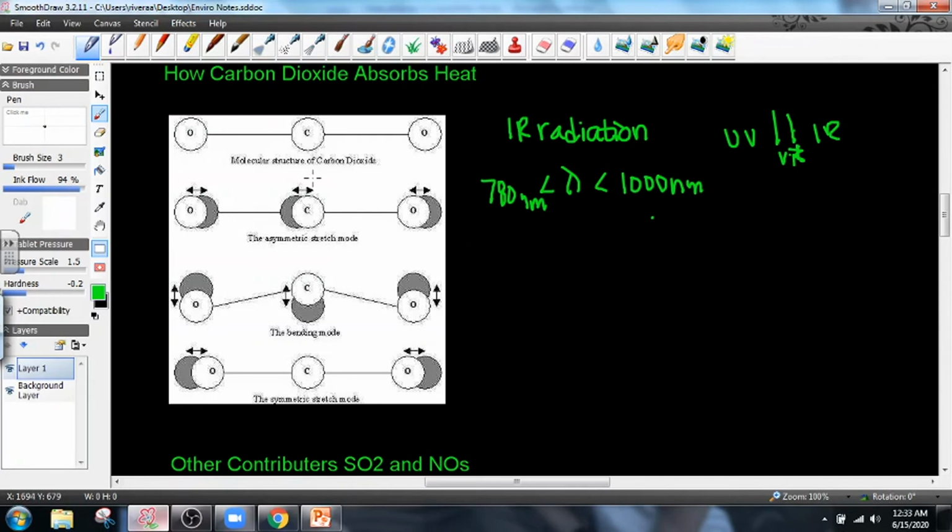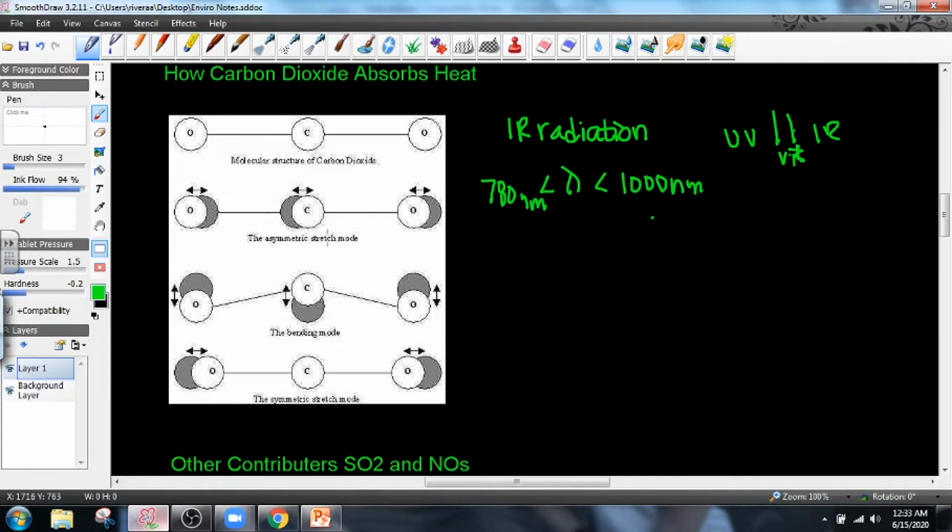Well, when it absorbs energy, it's going to change its vibrations, and there's 3 ways for that to happen. One is called a symmetric stretch, or a symmetric vibration. Symmetric and asymmetric. It's really late at night, you guys.